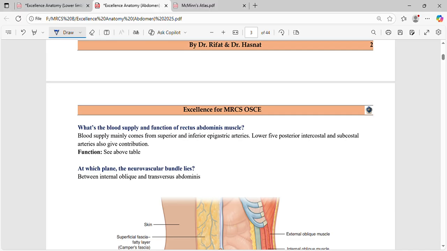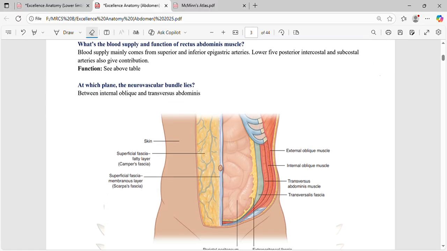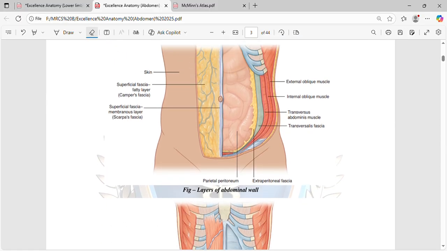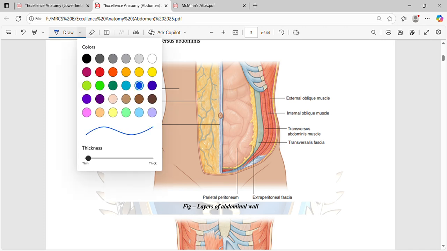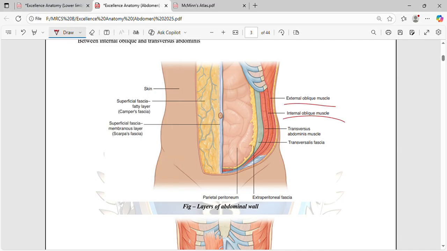At which plane does the neurovascular bundle lie? Between the internal oblique and transversus abdominis. Okay, and these are the layers. You can see we have the external oblique, the internal oblique, the transversus abdominis, the transversalis fascia, the extraperitoneal fat and the parietal peritoneum.